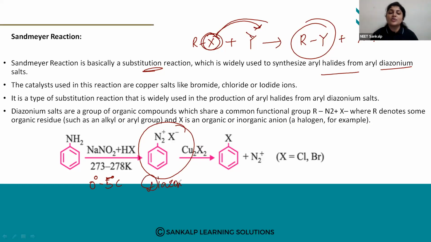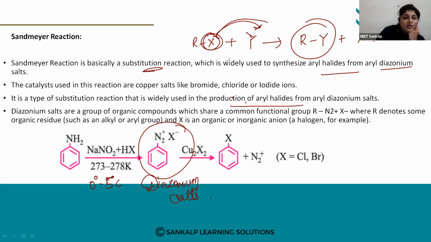Then the diazonium salt is prepared. The catalysts used in this reaction are copper salts like bromide, chloride, or iodide. This type of substitution reaction is widely used in the production of aryl halides from aryl diazonium salts.